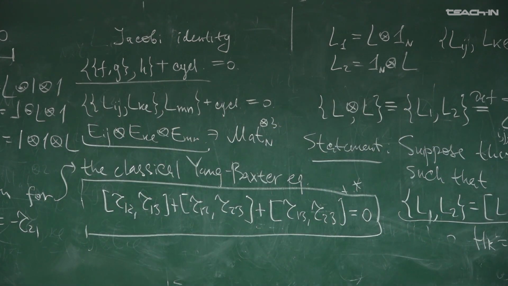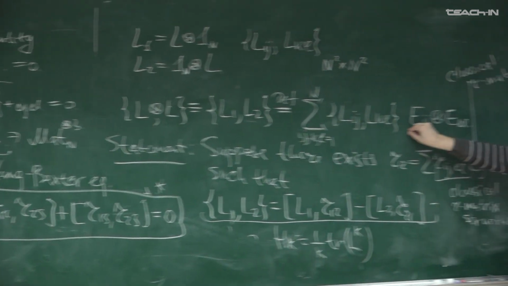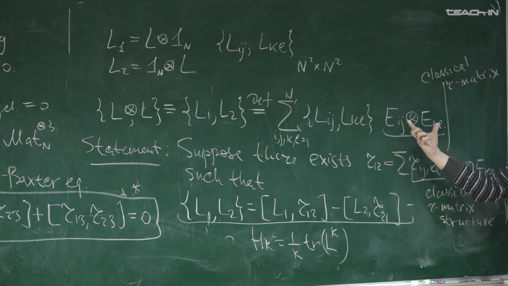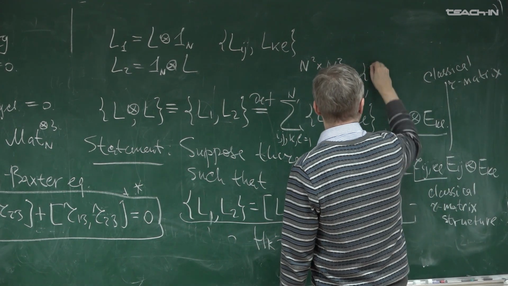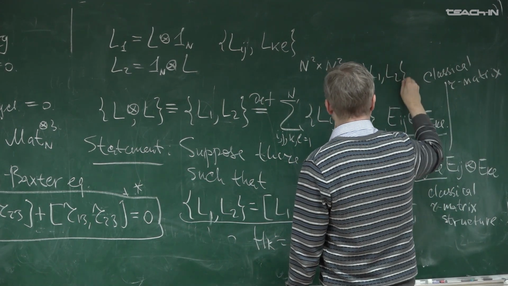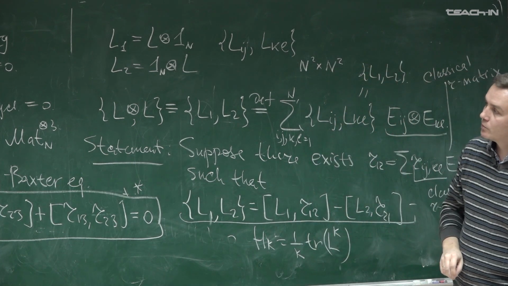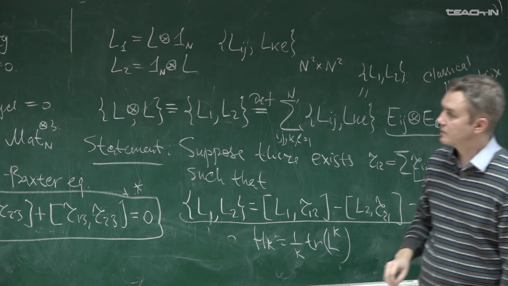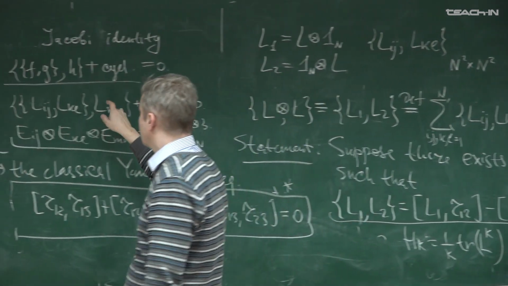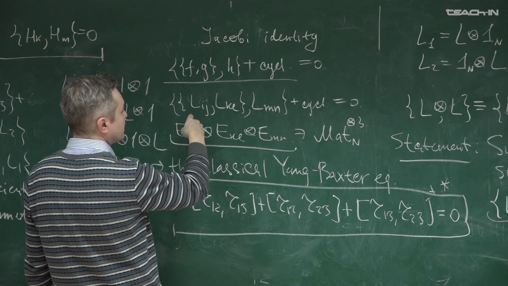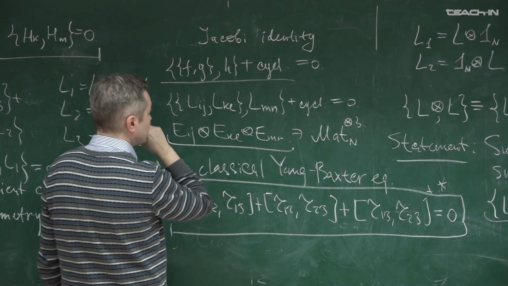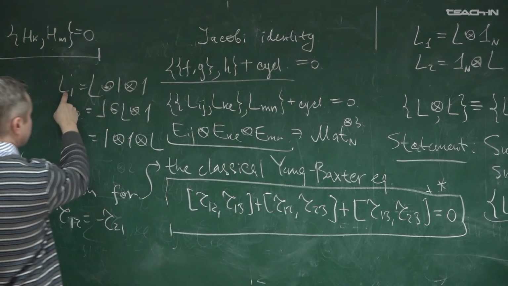For example, when we write Lij, Lkl, we multiply them by a tensor product of two matrices and sum over all indices, and we denote it like L1, L2. And now we have objects which are cubic in L's, so we have L1, L2, and L3.